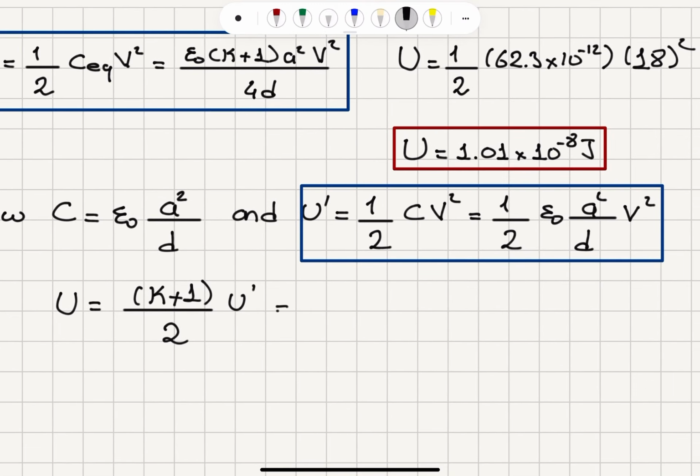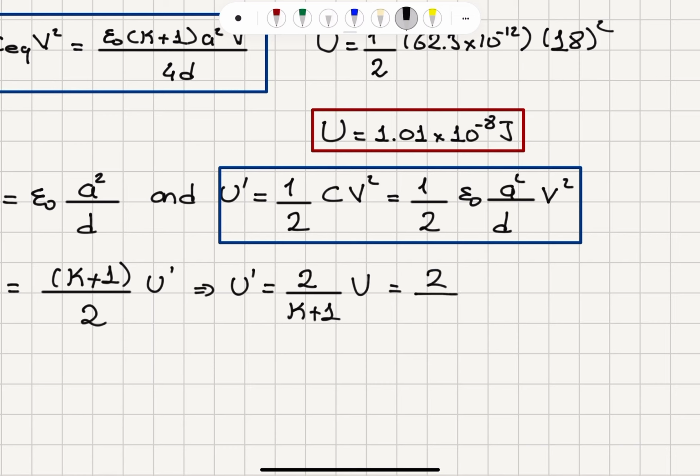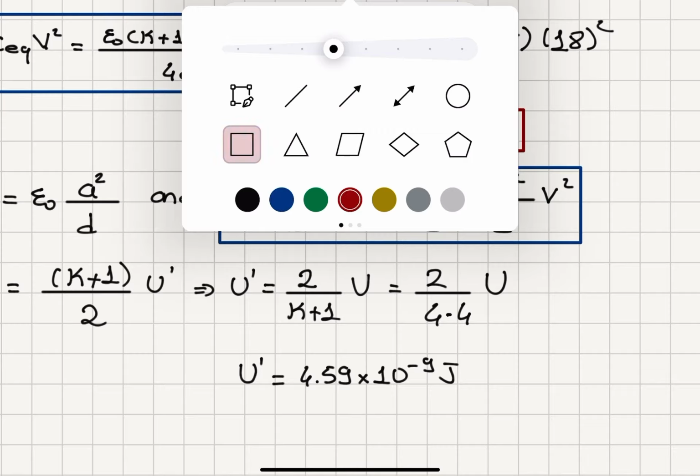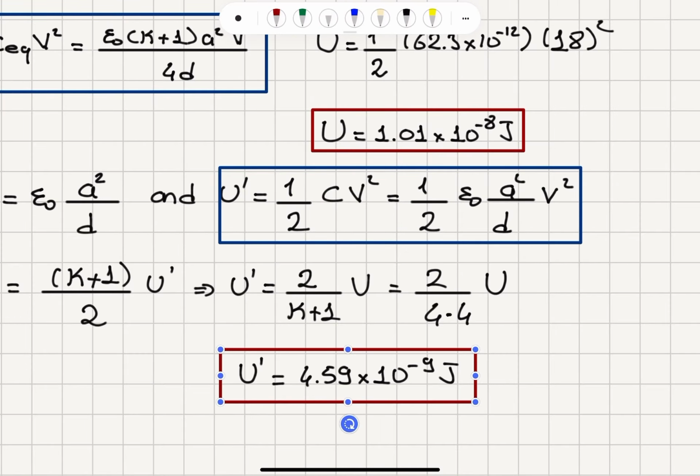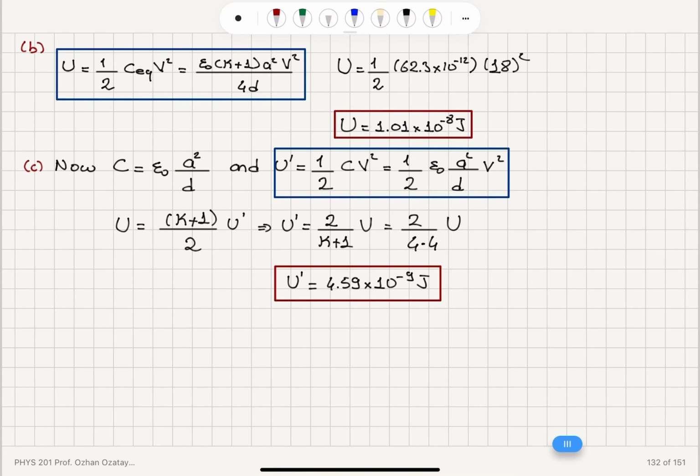So this tells us that U prime is equal to 2 over kappa plus 1 times U, which is 2 over 4.4, because kappa was 3.4, times U, and we find that U prime is 4.59 times 10 to minus 9 joules. So the stored energy decreases for the same potential being applied. So it seems that there is an advantage to having this plexiglass in there.